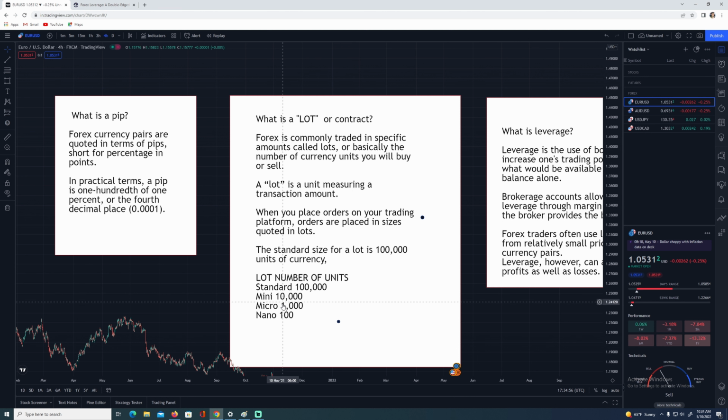Kind of like over here, some brokers are going to even allow you to trade 1,000 units and 100 units. Okay, so those are the lot sizes, but most of the time you're just going to see the standard lot, mini lot, and micro lot. The others you're almost never going to see.